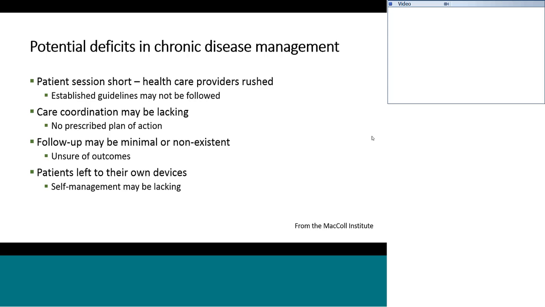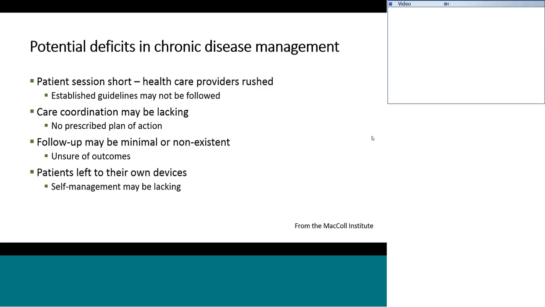And this can be a huge impact, particularly for older adults, where they may have not only a chronic disease, but they may have multiple chronic diseases that require ongoing checks, and also require different healthcare providers as well as other outside resources to manage their disease.